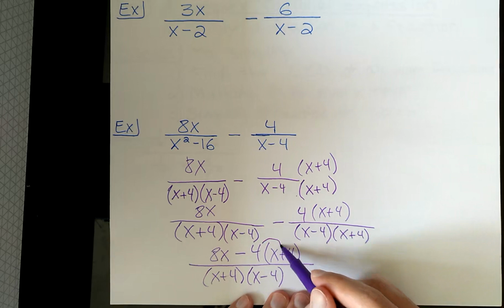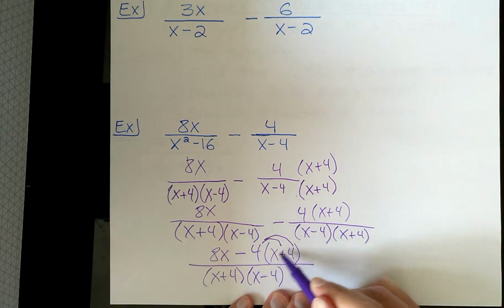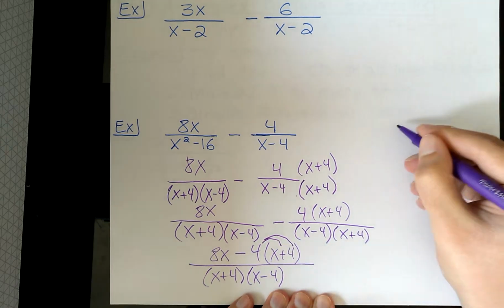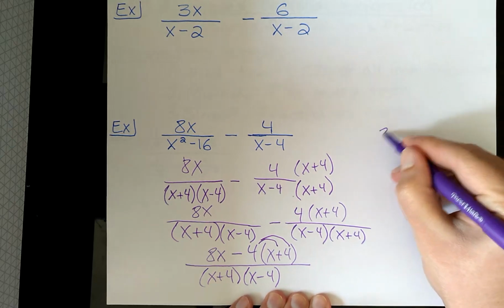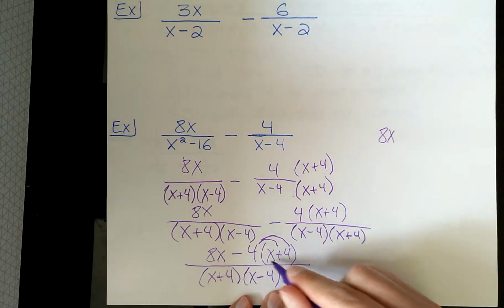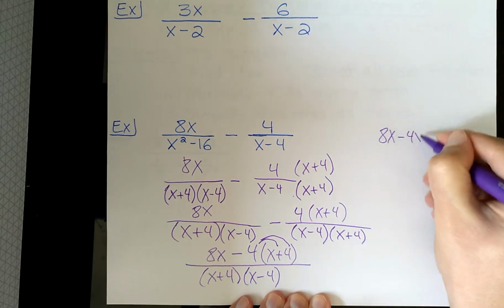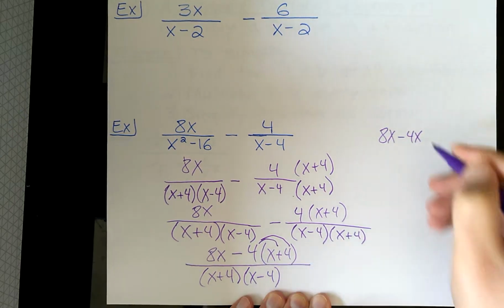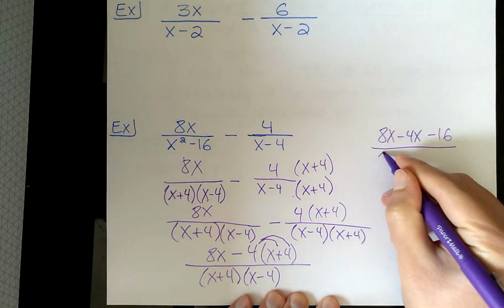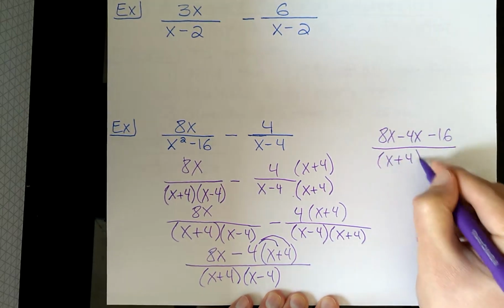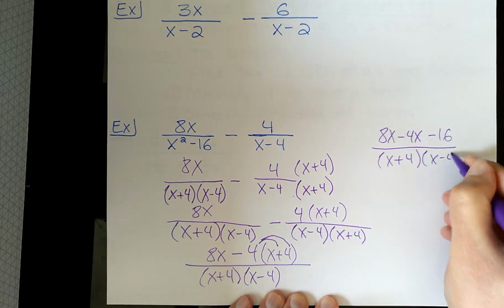And now it's a matter of simplifying. We can distribute this negative 4 that's on the outside of these parentheses. I'm going to pick back up on the right side of the page. So we have 8x minus 4x minus 16 all over x plus 4 times x minus 4.